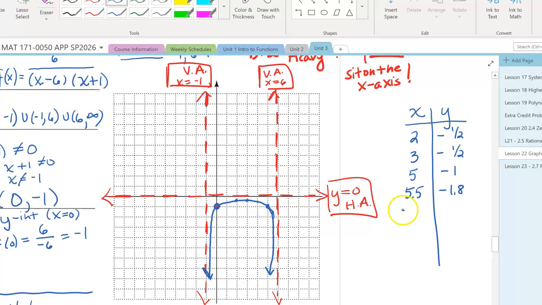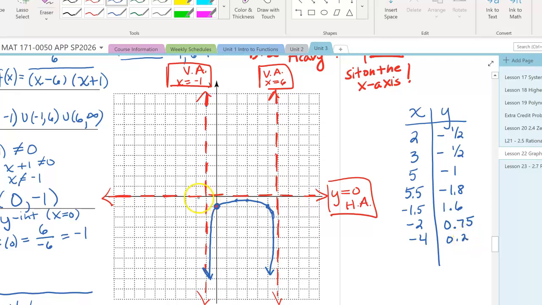Now I need to pick some points to the left of -1. So I used -1.5, -2, and -4. When x is -1.5, y is 1.6. When x is -2, y is 0.75. And when x was -4, I got 0.2.